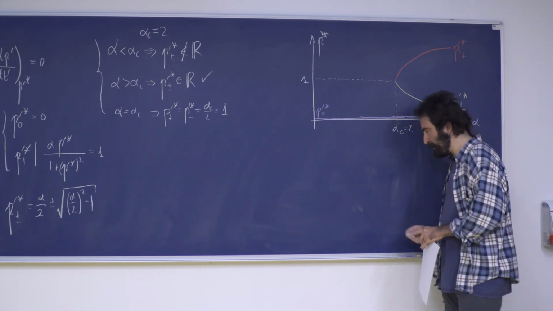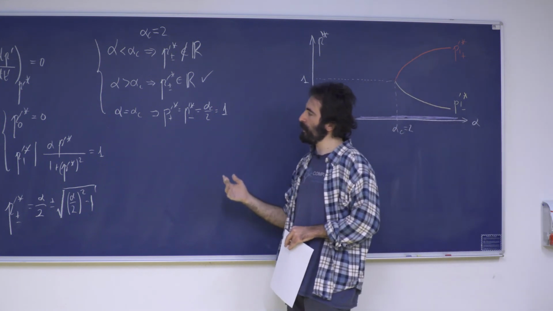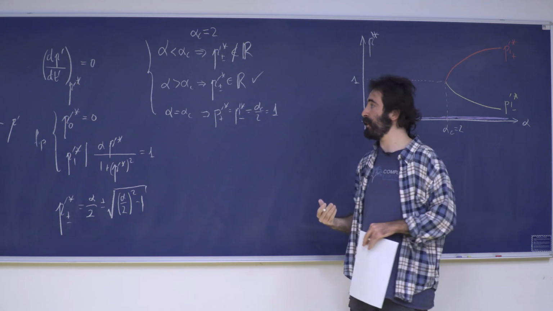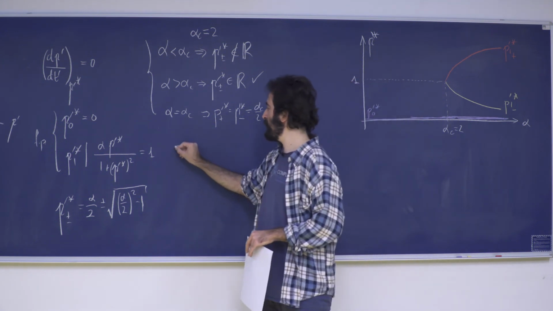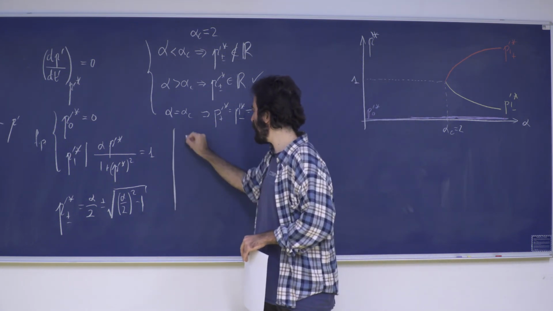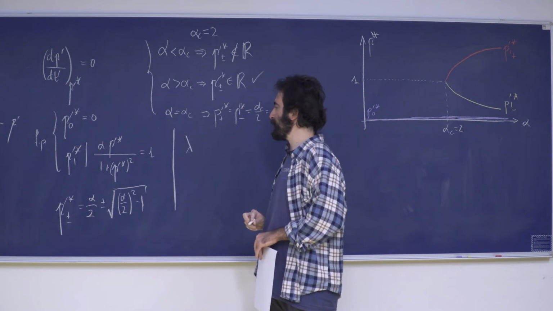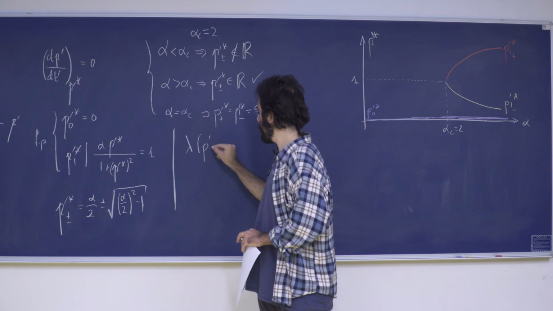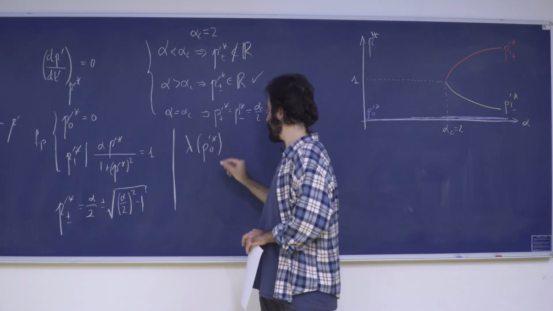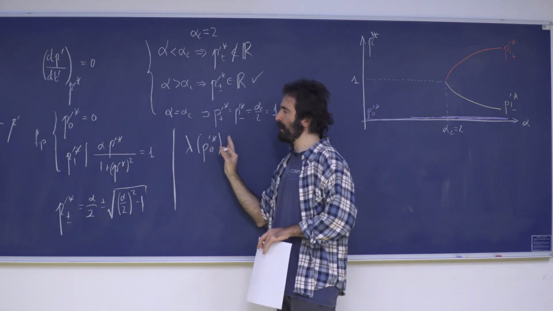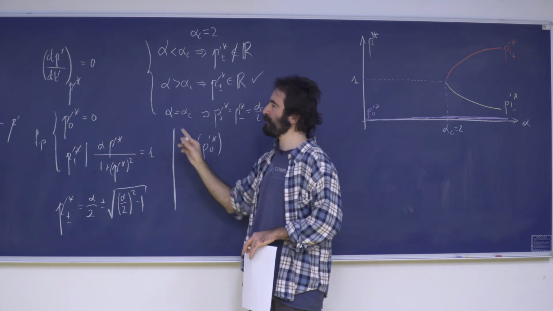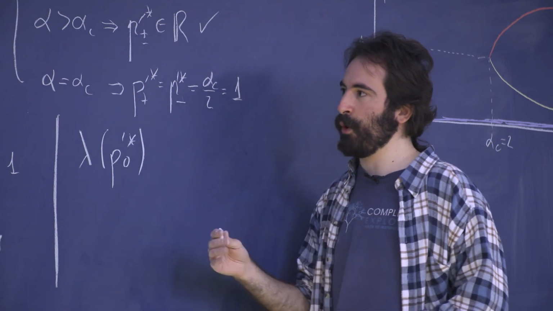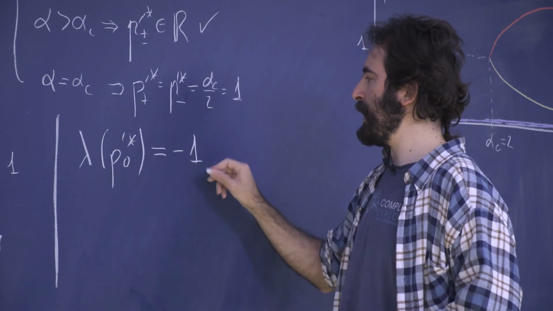Now remember that the trick when we have many different fixed points, and we are in a one-dimensional system, in other words, one system of one single variable, is to look at the trivial fixed point. Because in the trivial fixed point, if I study the lambda coefficient, we see, and I let you do this at home, that if you take the derivative of the right-hand side of the ordinary differential equation and you set it equal to 0, the only thing that you're left with is a minus 1.